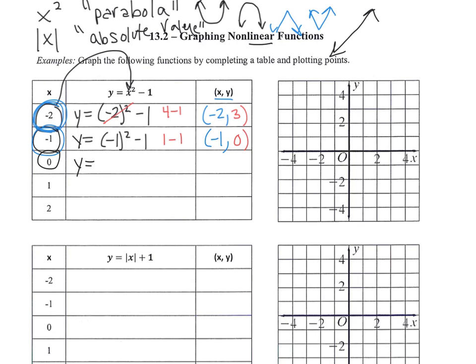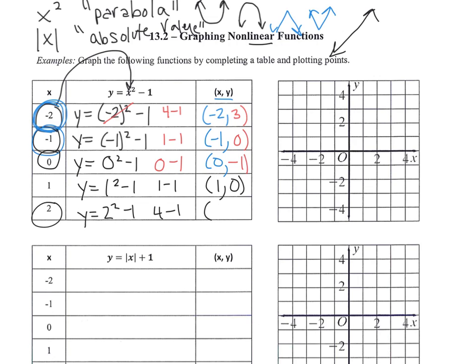So y equals 0 squared minus 1, which is 0 minus 1, which is -1. So your point is 0, -1. This one's going to be y equals 1 squared minus 1, 1 minus 1, you get 0 back, it's 1, 0. And then y equals 2 squared minus 1, 4 minus 1 is 3, so 2, 3.